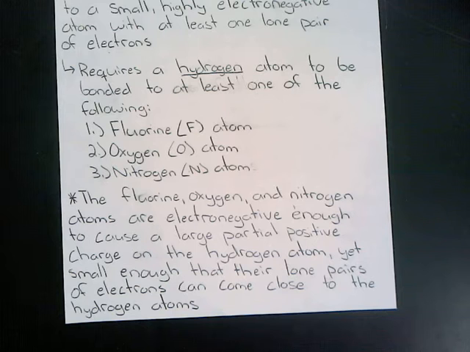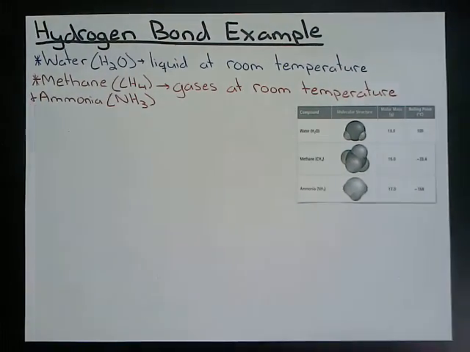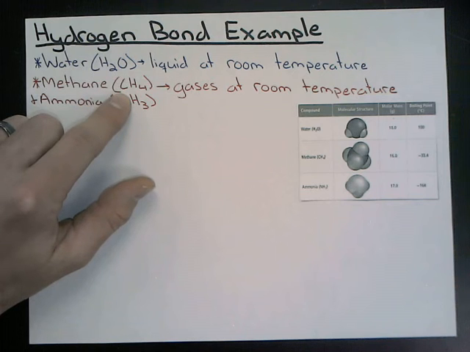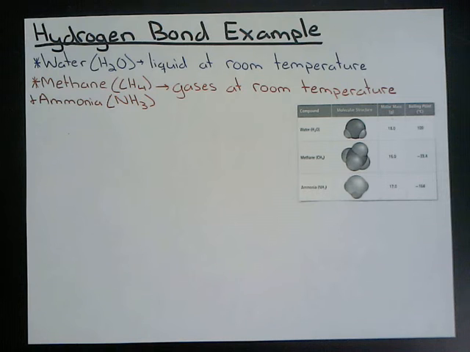Okay, so I want to do one more thing that ties everything that we've talked about in terms of intermolecular forces all together. And that is a little bit of an application here. And so we go through here and we want to talk more and more about hydrogen bonding. And so we look at three different molecules. We look at H2O, we look at methane, which has the formula CH4, and we look at ammonia, which has the formula NH3.